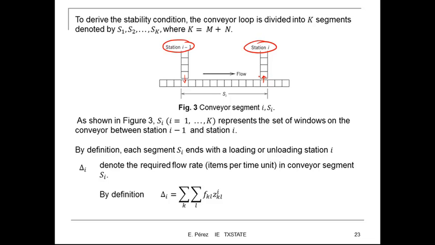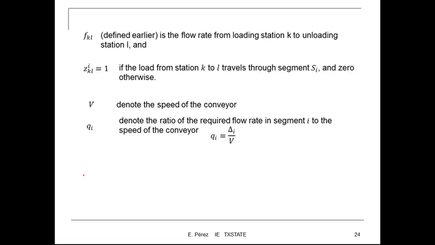Delta i denotes the required flow rate, or the items per time unit, in conveyor segment Si. And delta i is equal to the sum over k and l of the values of F_kl times Z_kli. And we had the definition for these parameters.